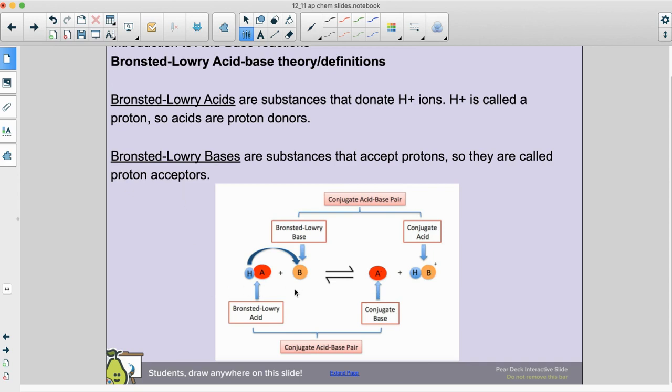So you can see how the proton is transferred here. The H+ goes to the base. The base accepts the H+, and then we can see that the Bronsted-Lowry acid becomes the conjugate base. The Bronsted-Lowry base becomes the conjugate acid.